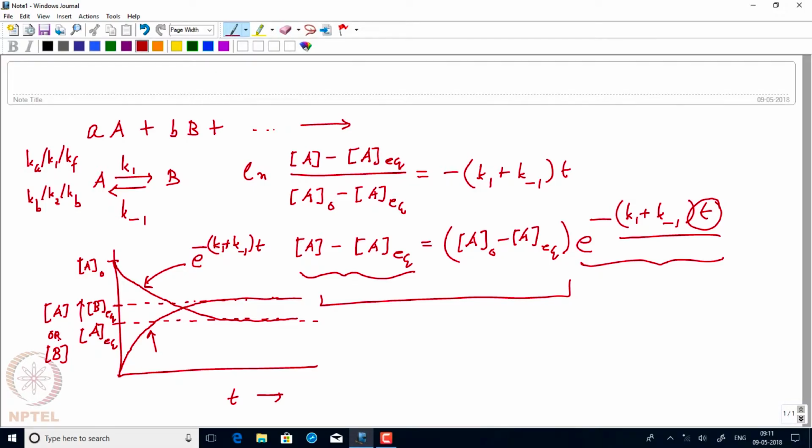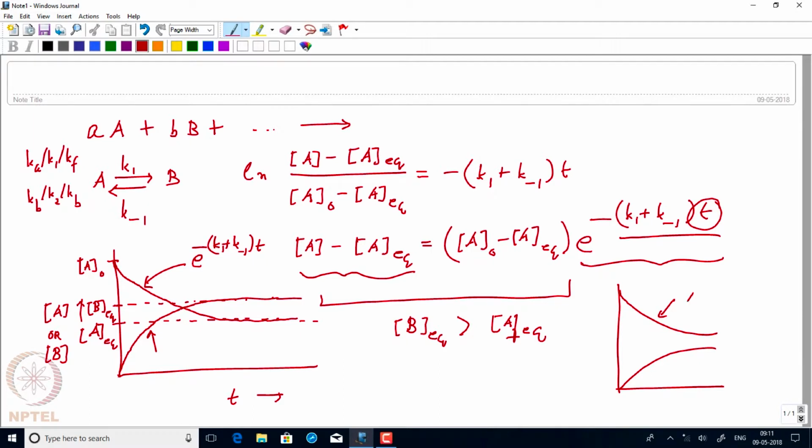Now the interesting thing to look at here is that we assumed that the B equilibrium is greater than the A equilibrium. At a very long time, the equilibrium concentration of B is higher than the equilibrium concentration of A. It need not be the situation, it may be reversed, and in those cases the B equilibrium will lie lower than the A equilibrium. So the curves will look like something like this.